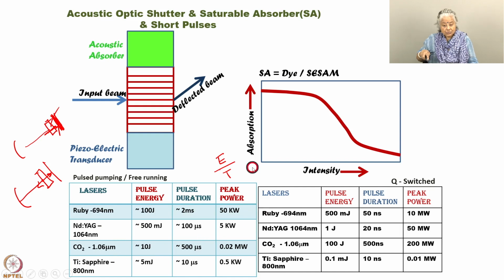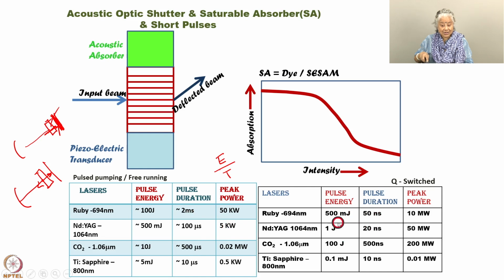Now, just compare it with a Q switched laser. In case of a Q switched laser, you are able to get much shorter pulses, and you are also able to extract a little bit more energy than in case of a free running laser. Here again suppose you compare ruby and Nd:YAG, CO2 and titanium sapphire. Here I have got 500 millijoules and this is 50 nanoseconds. In case of ruby I had got around 2 milliseconds, here it has become 50 nanoseconds, so much shorter.